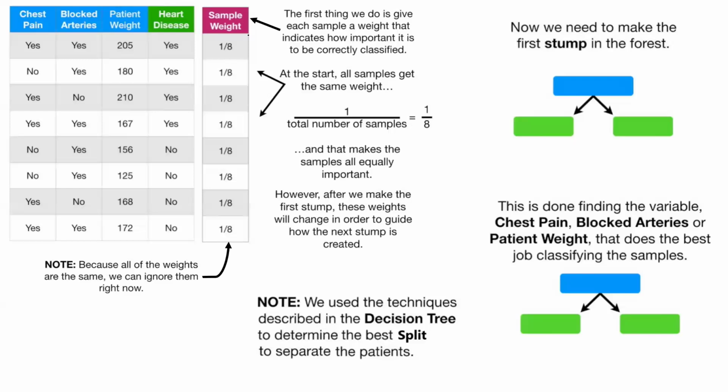However, after we make the first stump, these weights will change in order to guide how the next stump is created. The initial weights are 1 by 8, each record has the same weight, but when we construct the second stump, these weights will change. Why will these weights change?